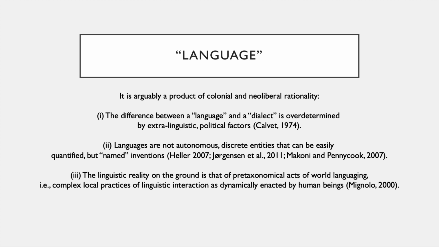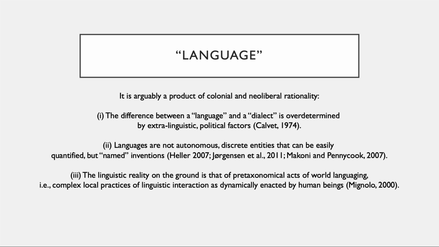So the colonizers will deem their own language as a language, and the language of the colonized as a dialect by opposition. So in practice, the difference between language and dialect is not just linguistic, it is over-determined by extra-linguistic factors, meaning political and social issues.